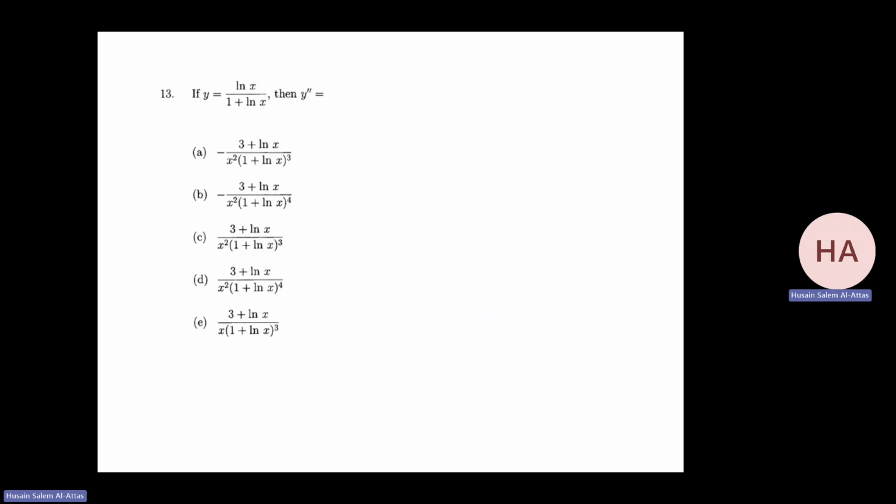Ln x over 1 plus ln x. I need the y double prime. So first, y prime. Y prime will be what? Derivative of ln x, numerator 1 over x times the denominator, minus ln x, derivative of this 1 over x, all over 1 plus ln x all squared.